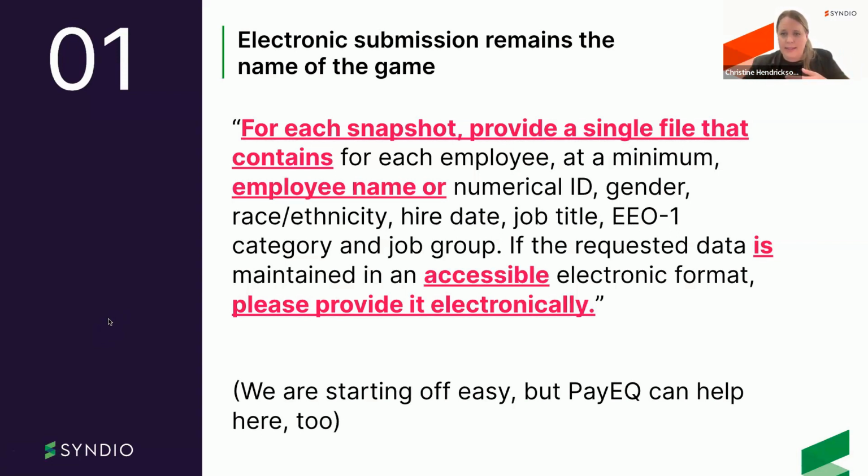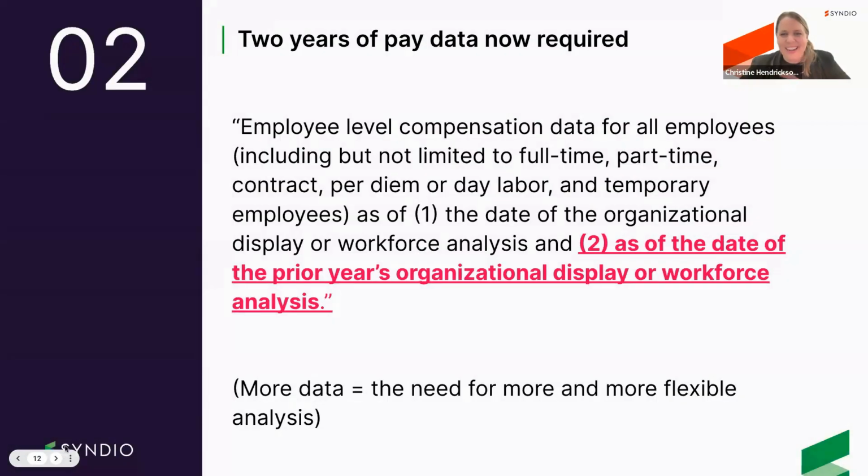But the nice thing is, as Olya will talk about in a little bit, PayEQ can help here. So you can do this right within the PayEQ platform, as you can download the information that you'll ultimately need to be submitting to the OFCCP right from the PayEQ platform. So that's the first change, is that electronic submission remains the name of the game. It gets a little bit harder from here.